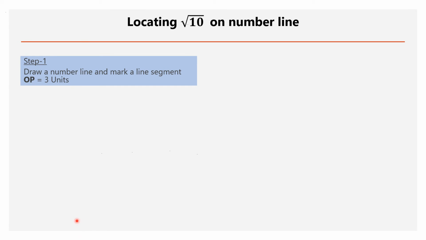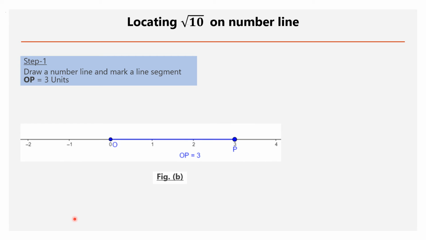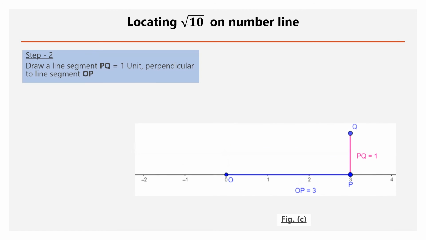As usual, we start with drawing the number line. On the number line, we have marked point O at 0 and point P at 3. Joining O and P, we have the line segment OP of length 3 units. Next, we draw a line segment PQ of length 1 unit perpendicular to OP.